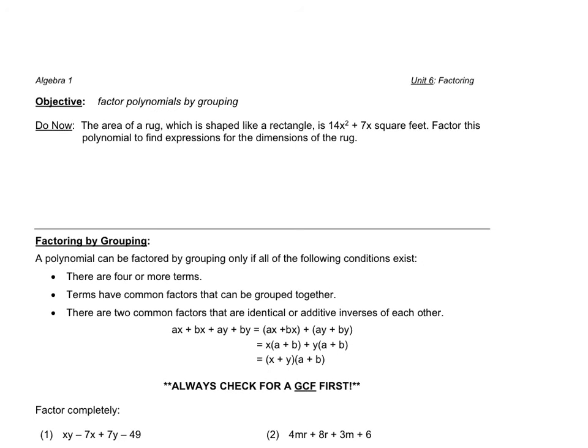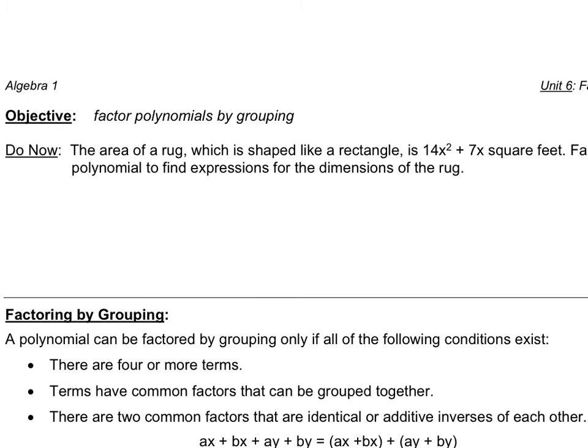All right, so what we just need to do is set up our equation, and then factor the right-hand side, factor that expression. In order to do that, I need to identify the GCF.